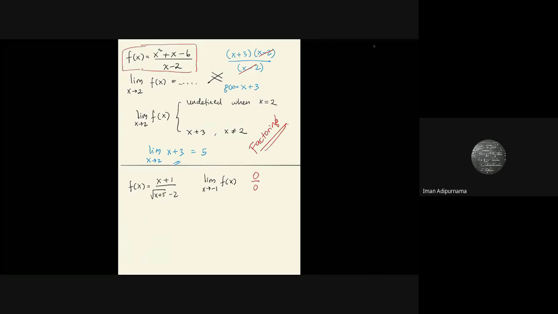The second method we call rationalizing. Pretty much, I think you already know. If you have 1 over the square root of 3, when you want to rationalize, you can rationalize like this. And when you have a square root with a negative sign, then you need to multiply with the positive sign.